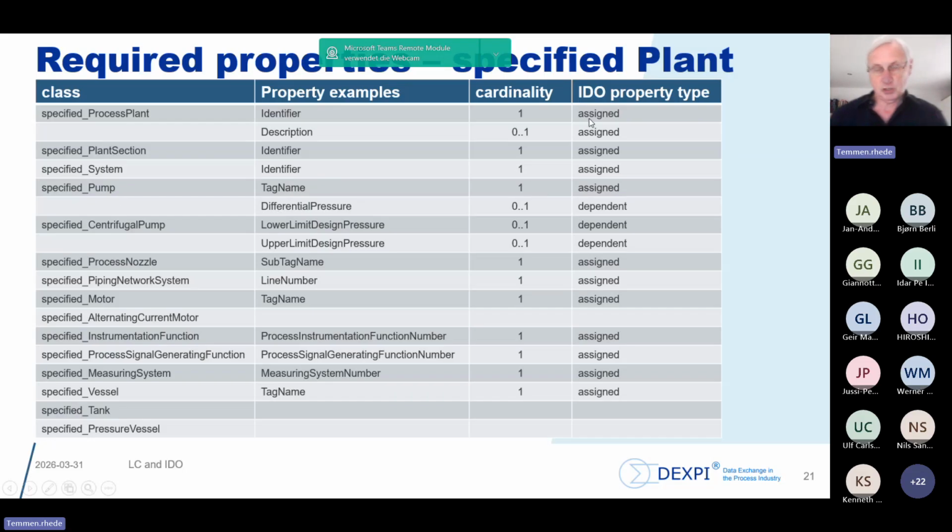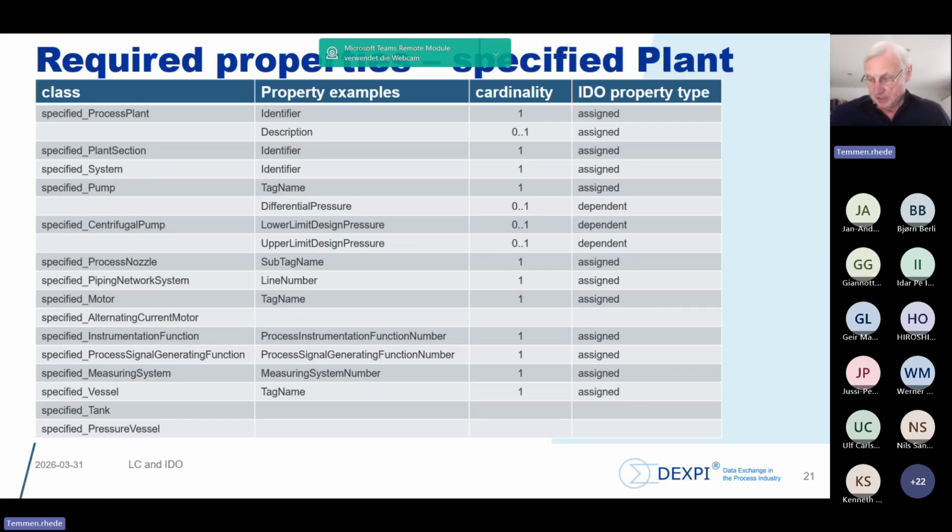What we see more on this slide is that we have two types of properties. And there was a long discussion on how to model properties. We have the two groups, the assigned properties and the dependent properties. And for this, we have to use different branches.